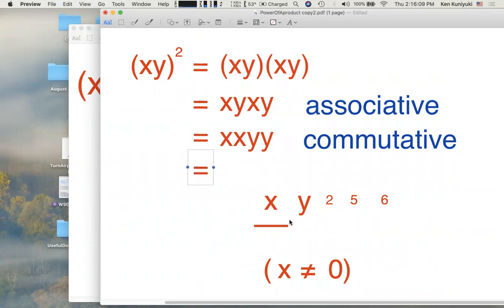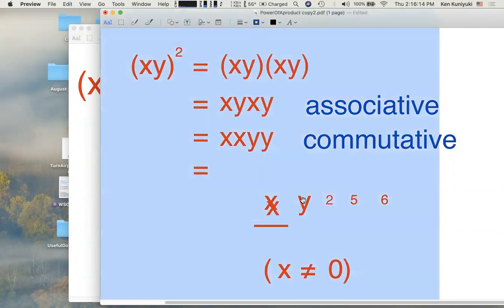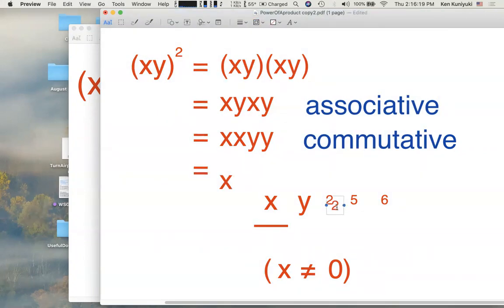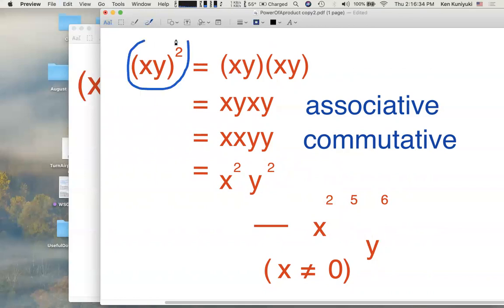Well, as promised, we get x to the second times y to the second. X squared, y squared. When you square a product, you square each factor. The power of a product equals the product of the powers. In other words, you share the exponent among the factors. This does not work with addition, however.